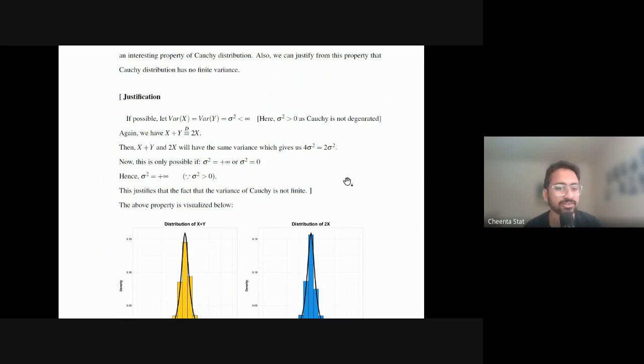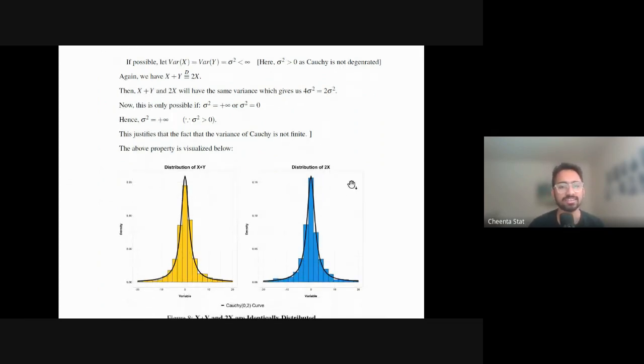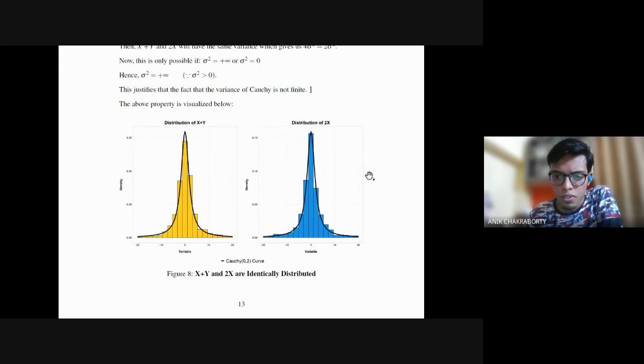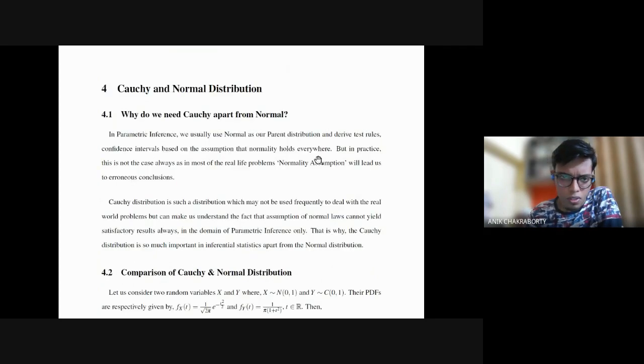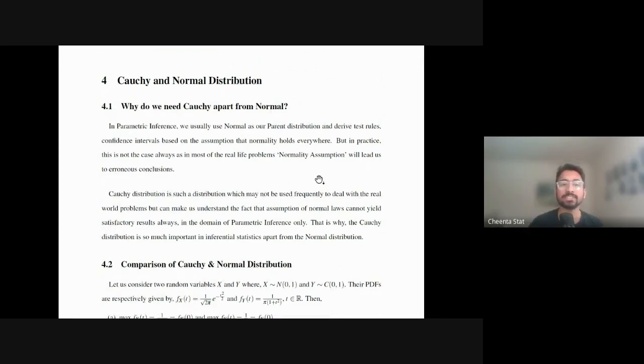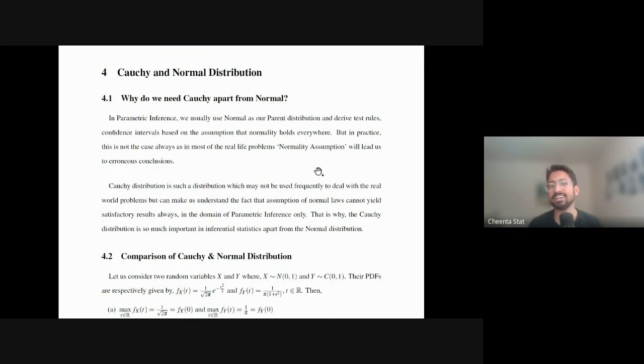So then you have done the distribution of R, the visual representation, yes. So now comes the comparison of Cauchy and normal. This is what I was interested in, because that was where we started, the source, that Cauchy and normal are totally different.